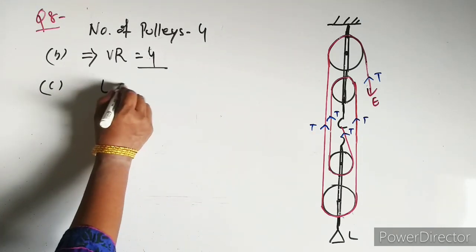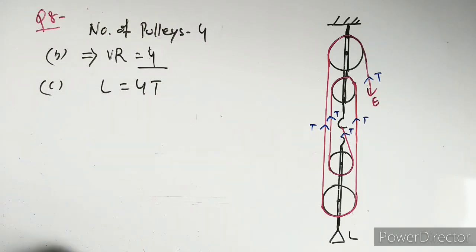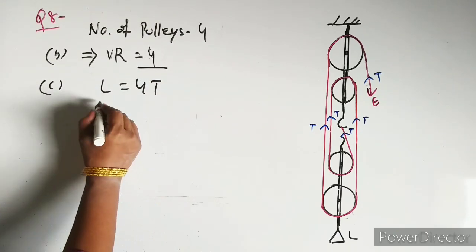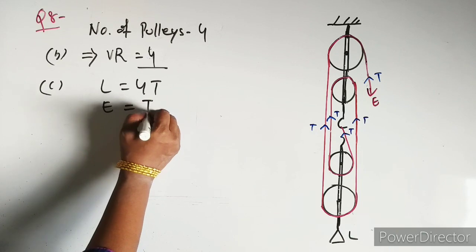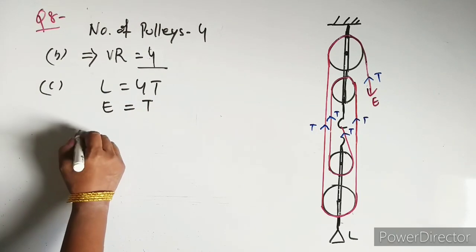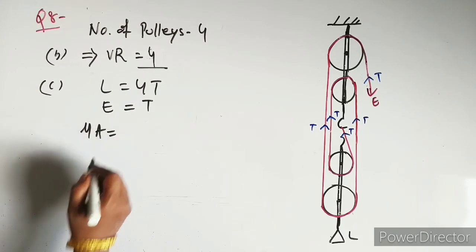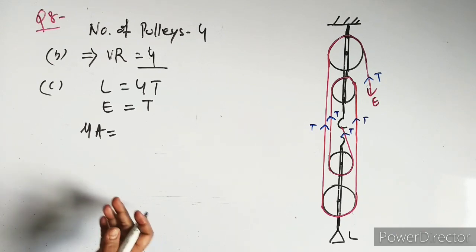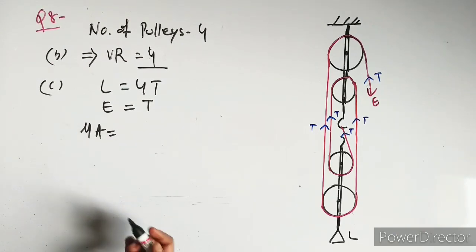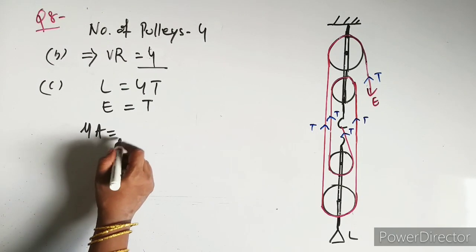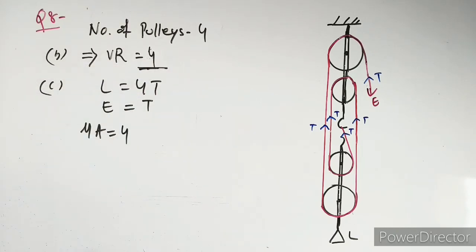Now the load is supported by 4 tensions, and the effort is supported by 1 tension. Mechanical advantage will be 4 because nothing is given here, which means it is an ideal system. So mechanical advantage is also 4, because in case of an ideal system MA equals VR.